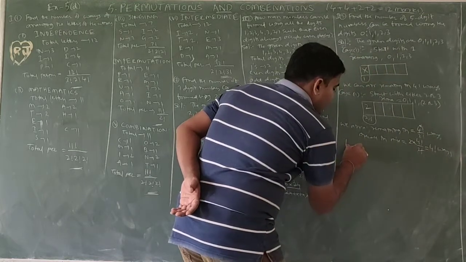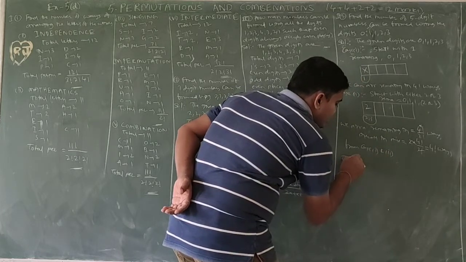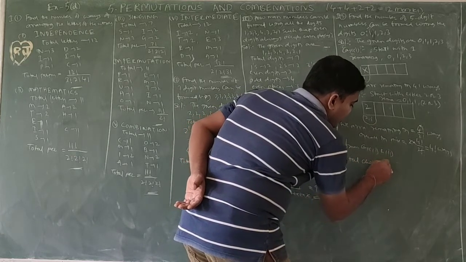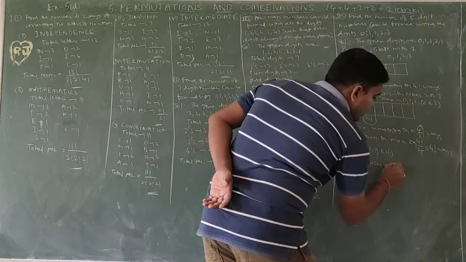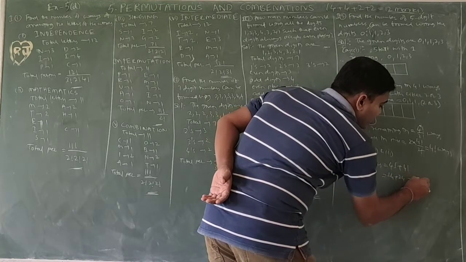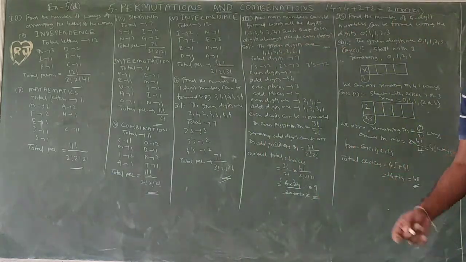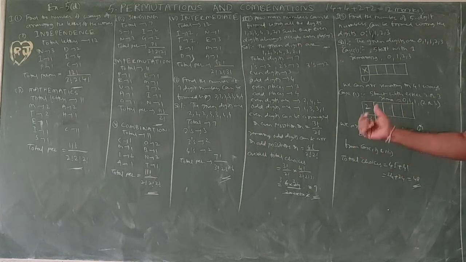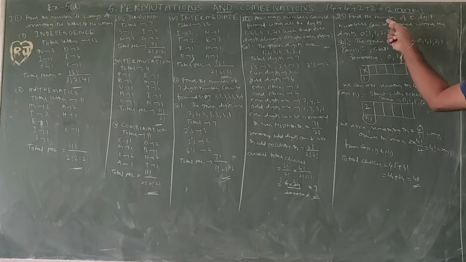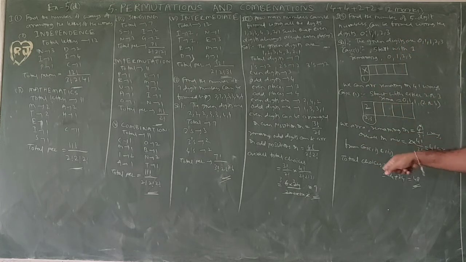From case 1 and 2, total choices equal to 4 factorial plus 4 factorial, 24 plus 24 equal to 48. So these are the 48 choices to write the required numbers. Okay, so we can arrange this 0, 1, 1, 2, 3 in different ways. Total choices is 48. Okay, next question.